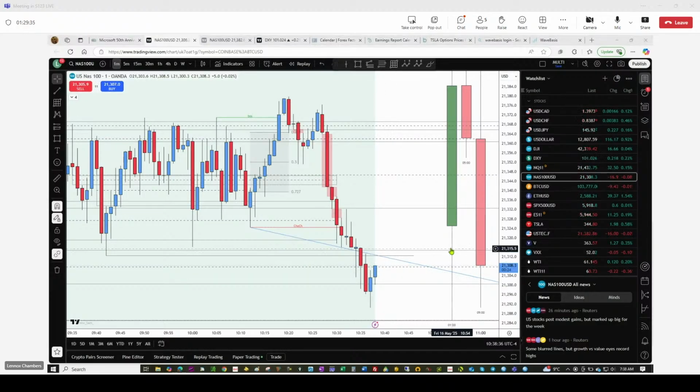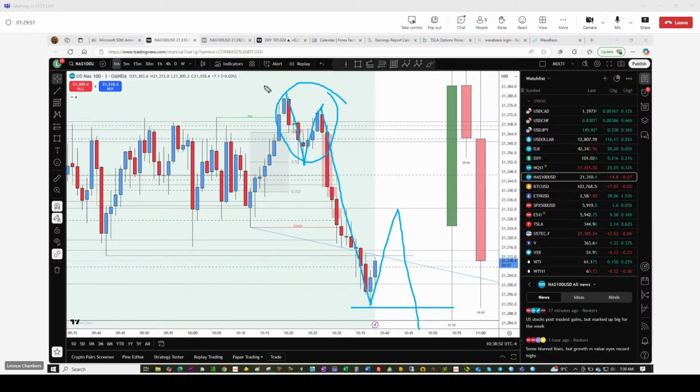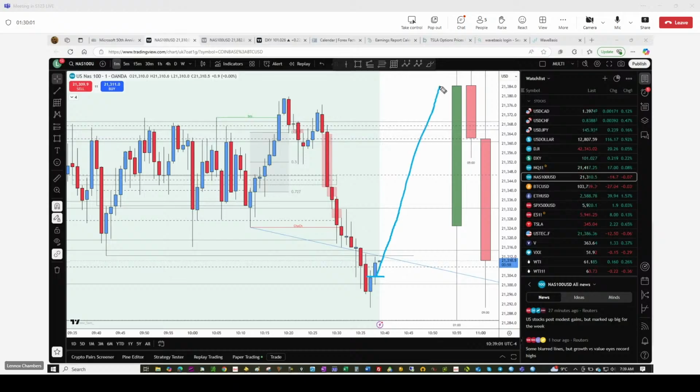However, I'm a bit leery because I have a 1, 2, 3 top. When I have a 1, 2, 3 top, this could be a fake out move and we could still drop one more time. See? So you always have to be aware of where your 1, 2, 3 is. So yes, I could jump in and take this trade, but it might not take me all the way out, is what I'm saying.